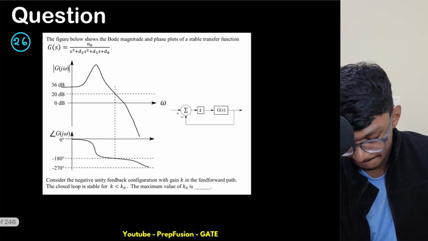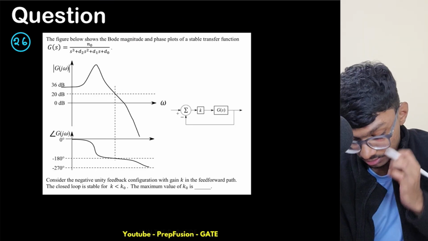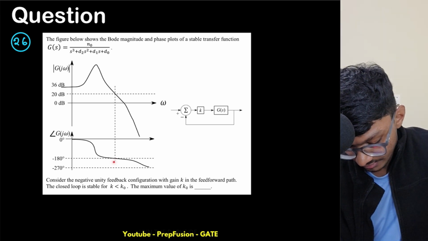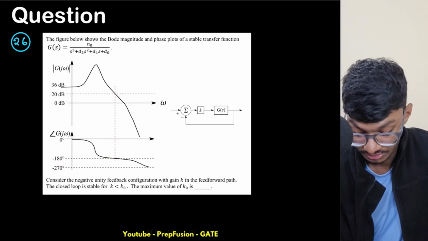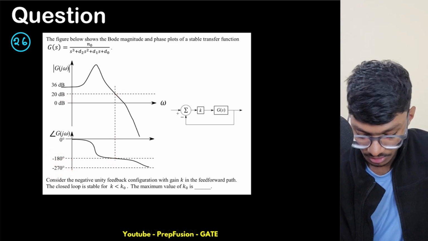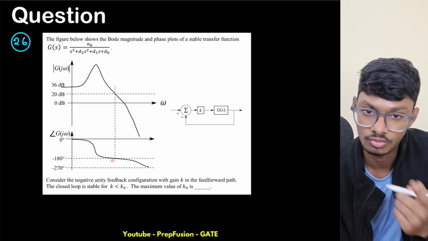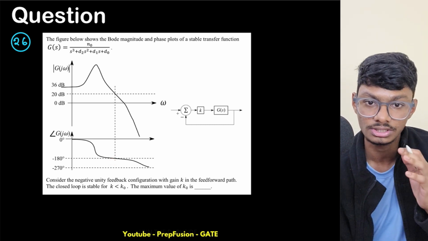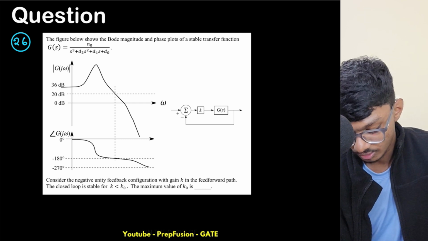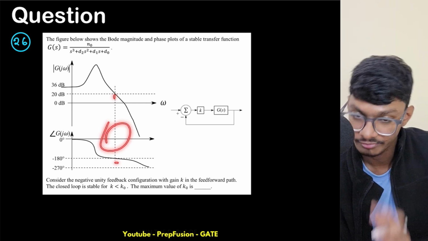So here the information is they have given us the phase at this particular frequency, and at the same frequency they have given us a gain. And what is the phase here? Phase is minus 180. So if you know the phase here, what is this called? At what frequency is my phase minus 180? It is the phase crossover frequency. So at omega pc they have given me the gain, but they haven't given me the omega pc.